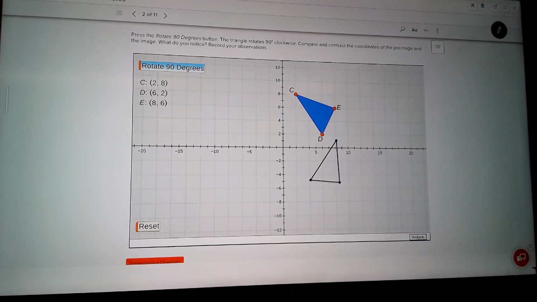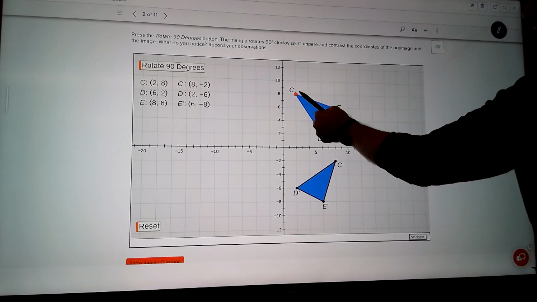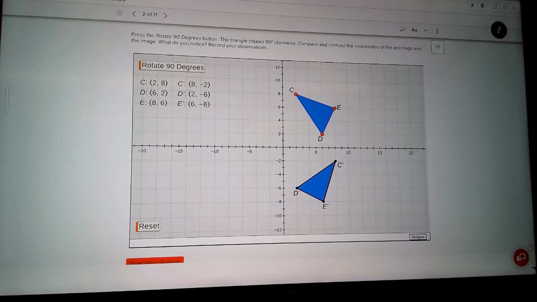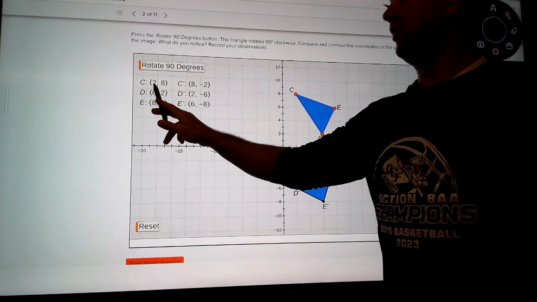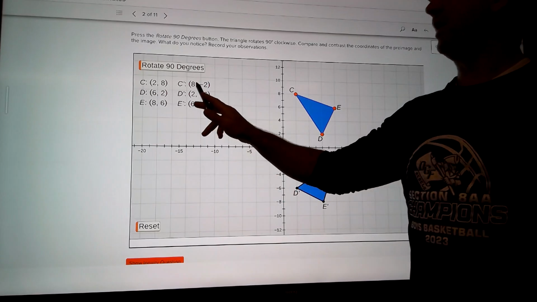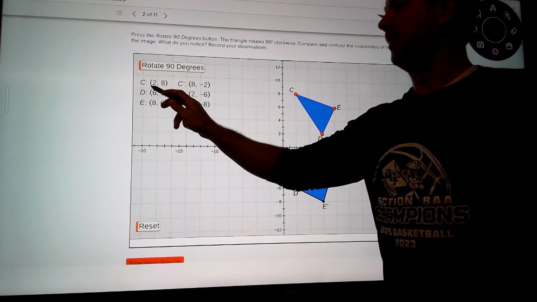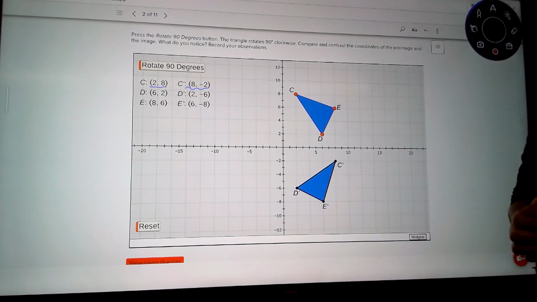There we go. Notice how that C was pointing up and to the left, and after a 90 degree rotation, this whole thing moves 90 degrees. It's pointing that way. But look at the coordinates. How would you describe this? C was 2, 8, and now it's 8, -2. How do you go from these 2 points to these 2 points? What happened?